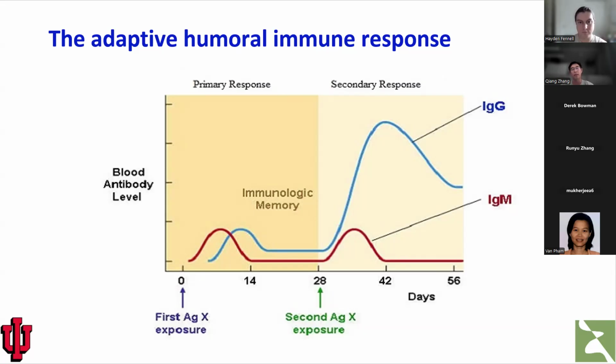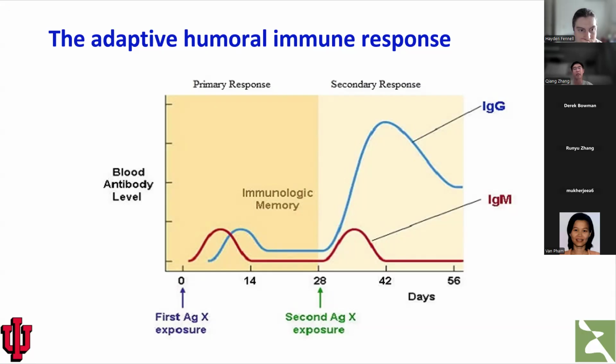What happens is that when we first encounter the antigen or the pathogen, in a few days our body is going to launch a quick response. In that response, mostly what we call a polyclonal IgM antibody is going to be produced. And then about a week after that, the body also produces what we call isotype-switched antibodies.